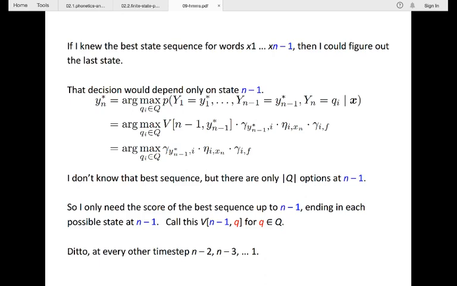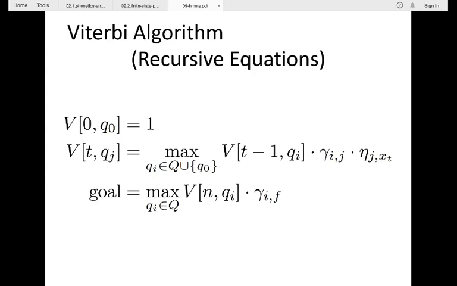Have some vague idea? I also have some vague idea. So the most elegant statement of the algorithm that we use to do this decoding, called the Viterbi algorithm, is in terms of these nice recursive equations. So what are they saying?